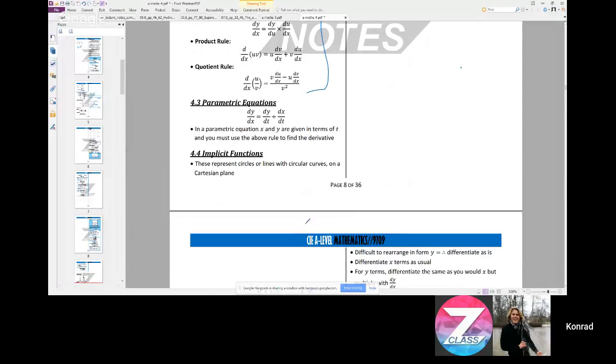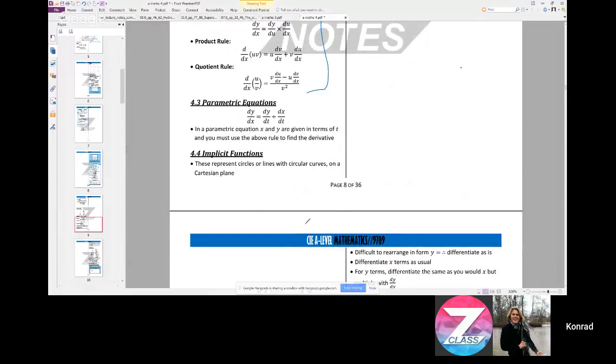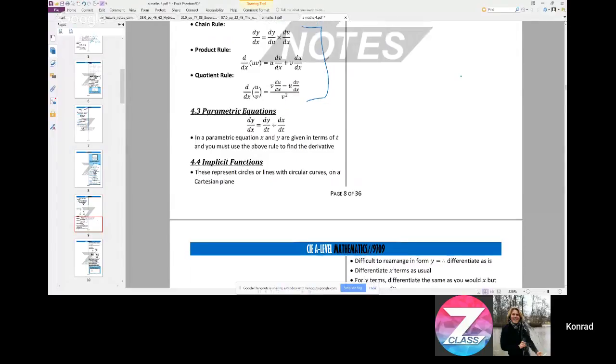Usually in A-level differentiation, what people have difficulty with is parametric equations, parametric differentiation and implicit differentiation. That tends to be where people struggle. Does that seem reasonable to focus on, or has anyone had difficulty with the chain, product or quotient rules?